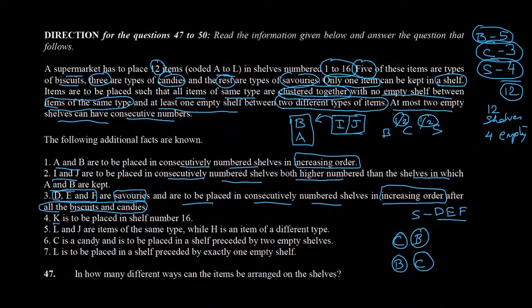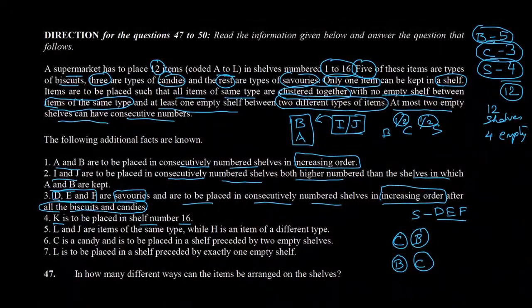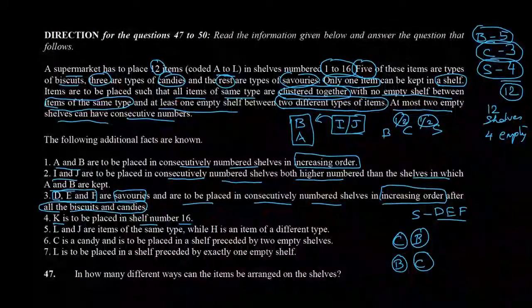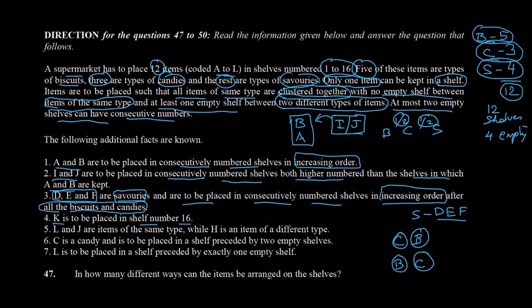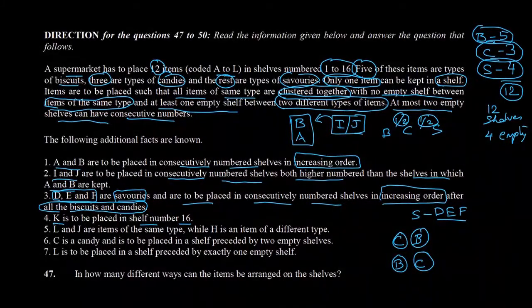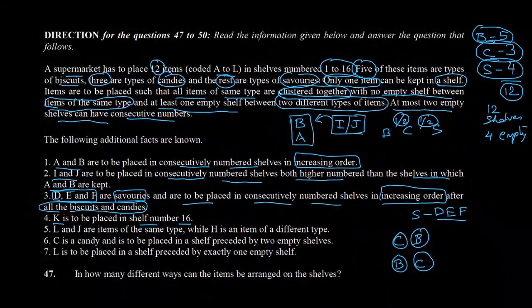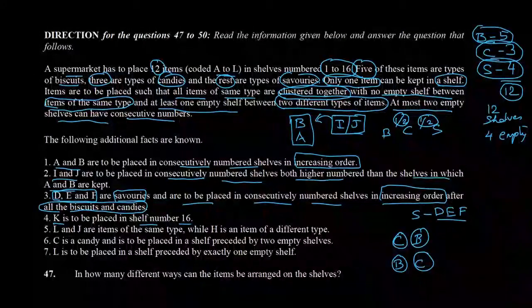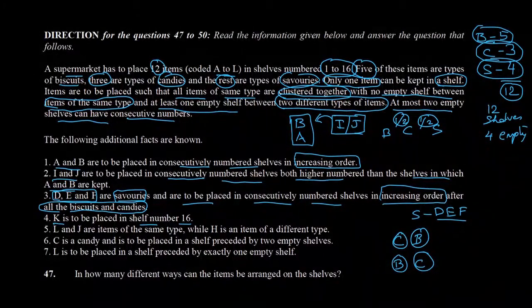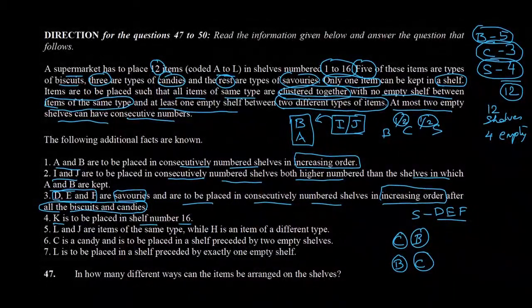Next it says K is to be placed in shelf number 16. So if I number the shelves from here 1, 2, 3, 4, 5, 6, 7, 8, 9, 10, 11, 12, 13, 14, 15 and 16, K would come on the top shelf.